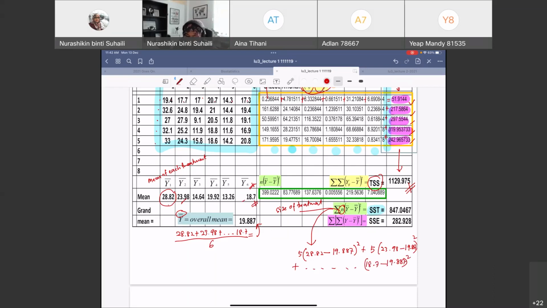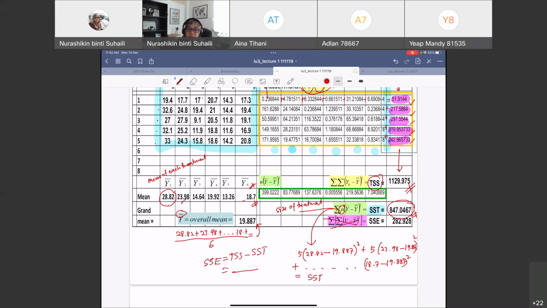Okay, and when you add up, that is the value here, which is SST, sum of squares of the treatment. Right, so once you have solved the SST, you know already the TSS, you don't have to apply this formula actually, because SSE is equal to TSS minus SST. So you will get the SSE values.